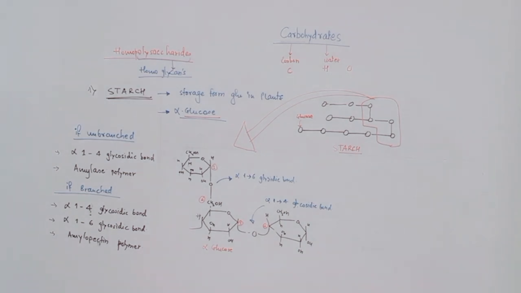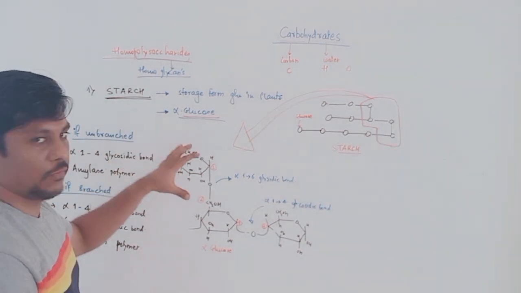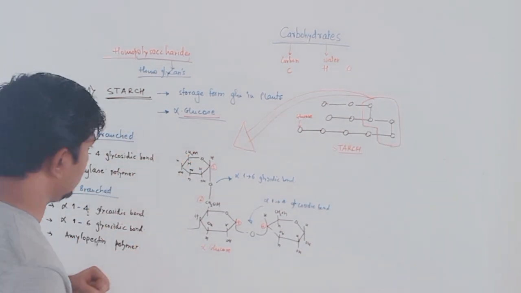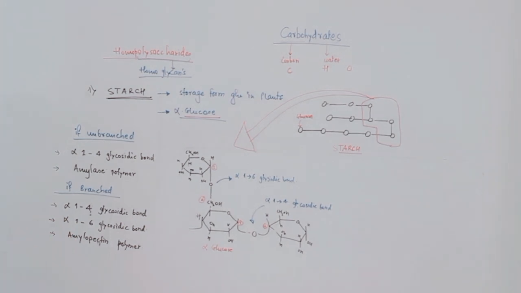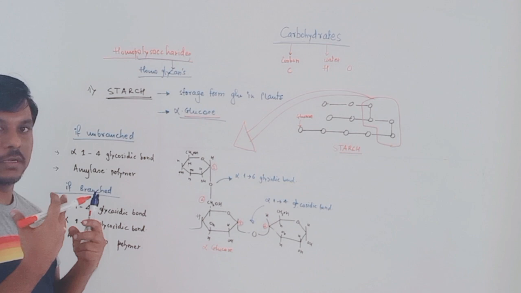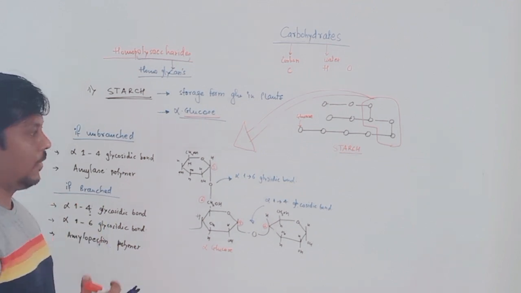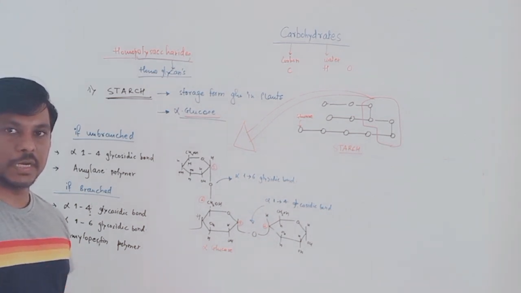Now, what is the significance of these two molecules? When starch is digested, first the salivary amylase in the mouth acts, and when it goes to the intestine, there is pancreatic amylase.